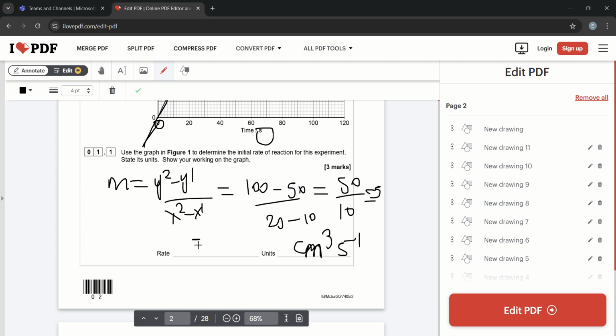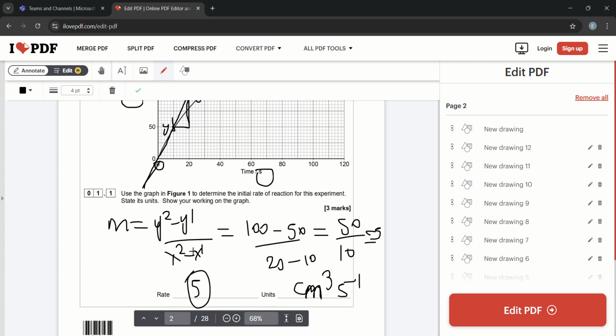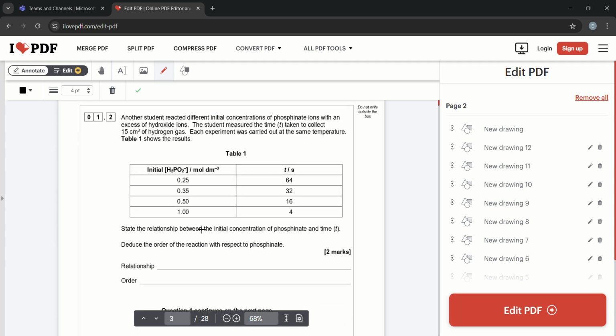That's the gradient, and then for the rate, which is a change in concentration divided by time, it's going to be 5. And it says in the mark scheme, allow 5 to 7, and the centimeters cubed s to the power minus 1 is the units.